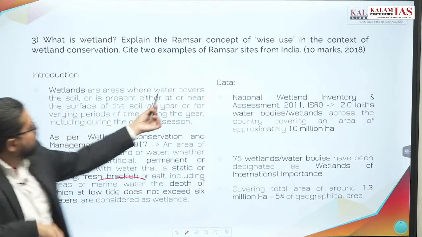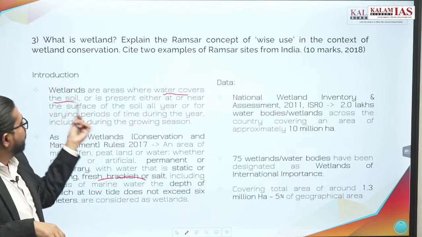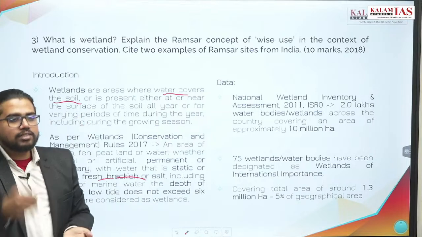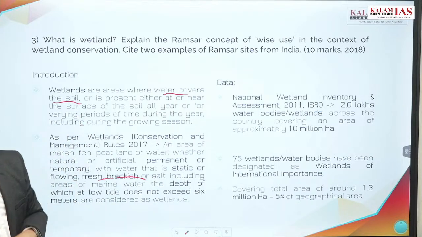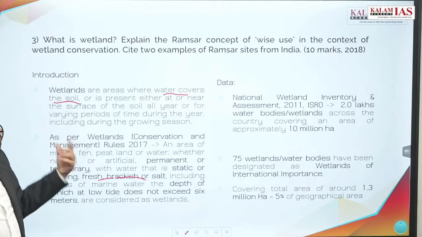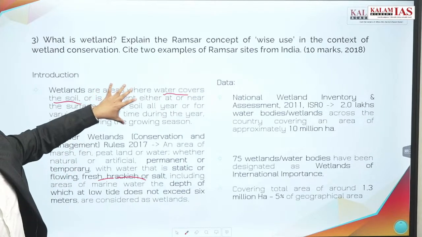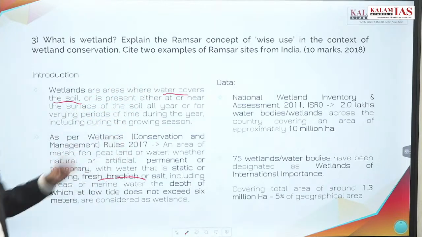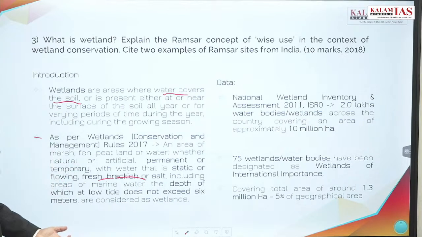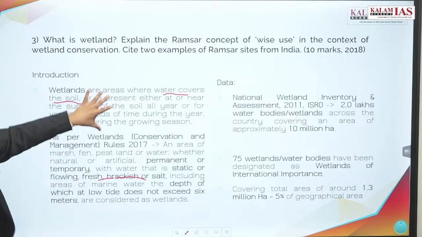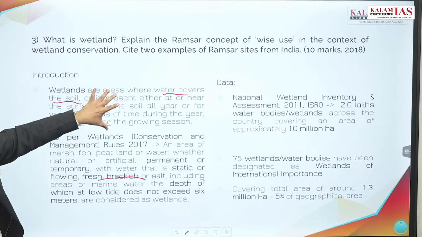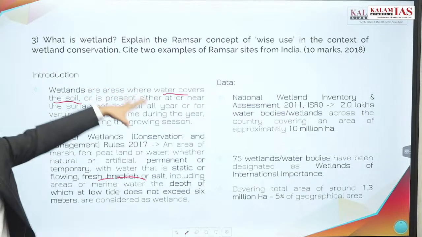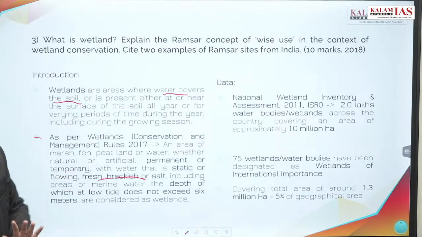Idea is water covers the soil for certain part of the year, at least minimum. That is one part. That is generalistic definition. If you don't know exact number, 6 meter, 3 whatever it is, you write this kind of a definition. Idea is water covers the land for at least some part of the year, and how covered it is not necessary.